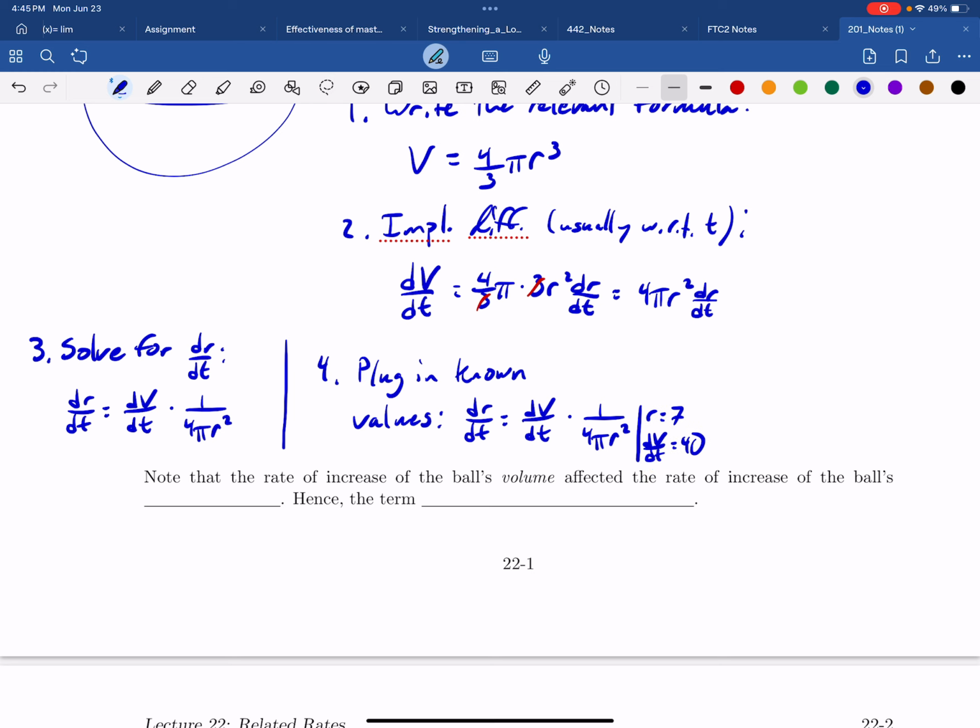And when we plug this in, we get 40 times 1 over 4 pi times 7 squared. And just with a bit of simplification, you can see that that's going to go to 10 over 49 pi centimeters per second. And that is the answer.